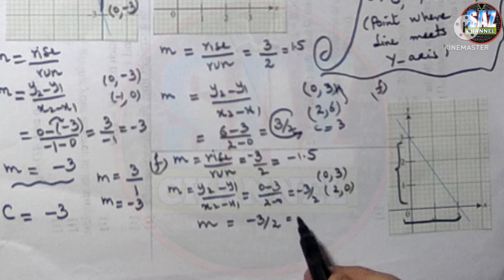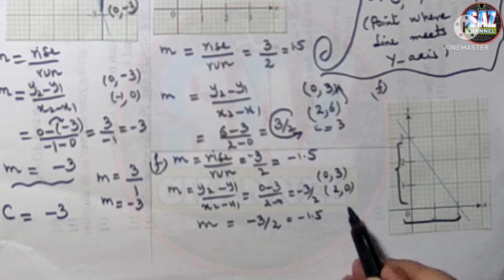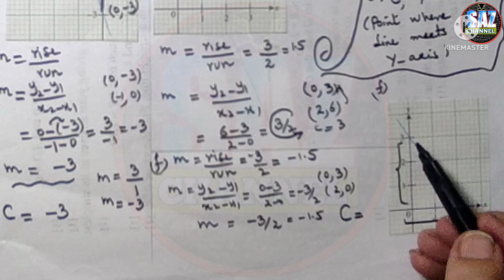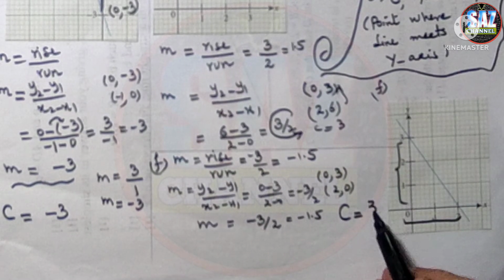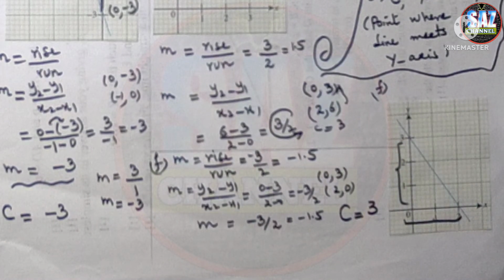And what about C? C is the place where your line is cutting or meeting your y-axis, and C is equal to 3. And moving to the next part.